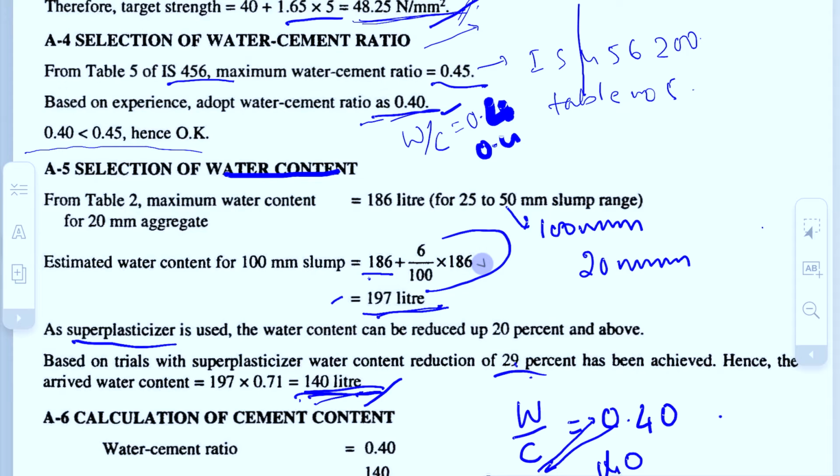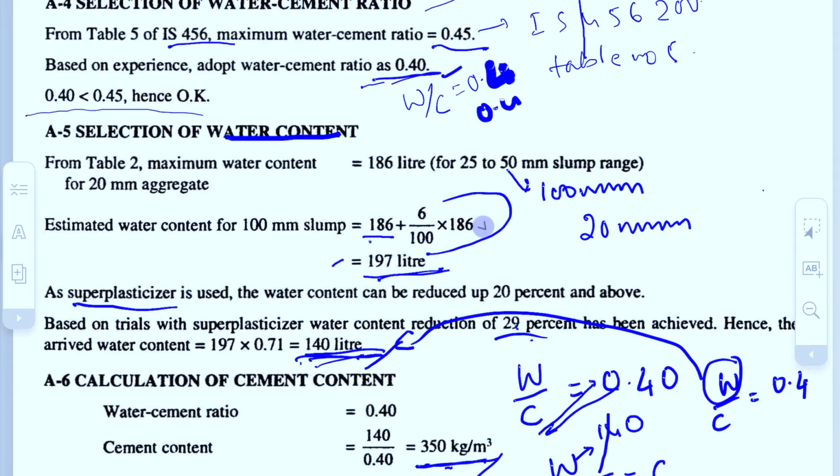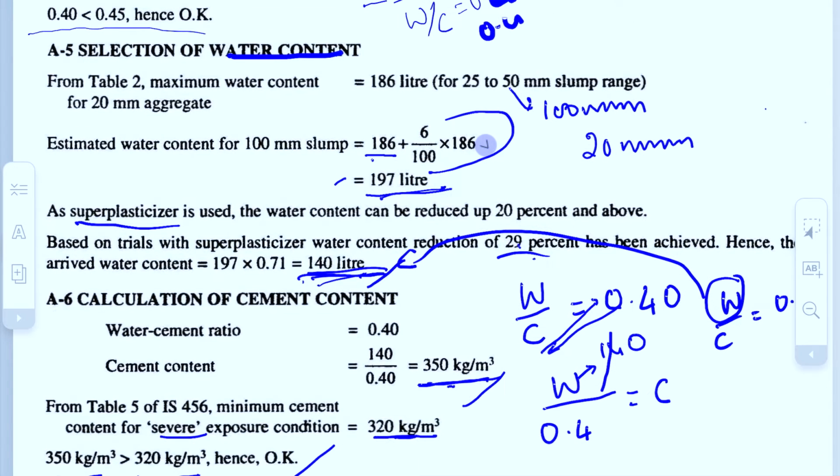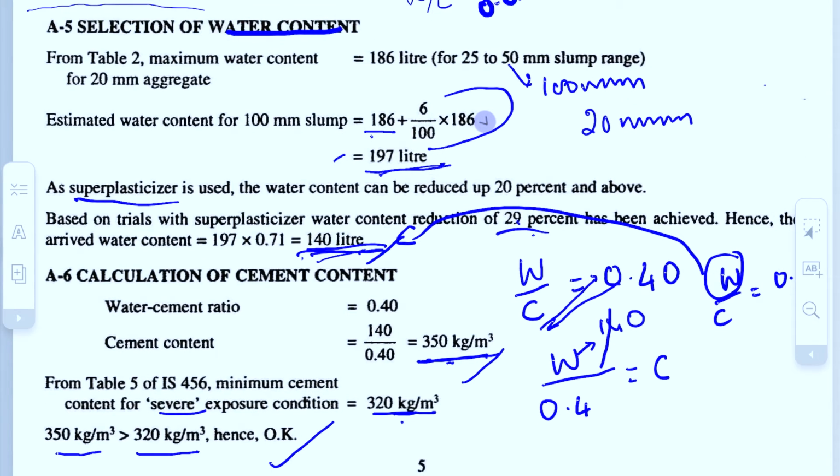Now we have the water cement ratio as 0.40 and the water content as 140 liters. If you substitute the values, we get the cement content. The cement content is 320 kg per meter cube, but in IS 456:2000 a condition is given.